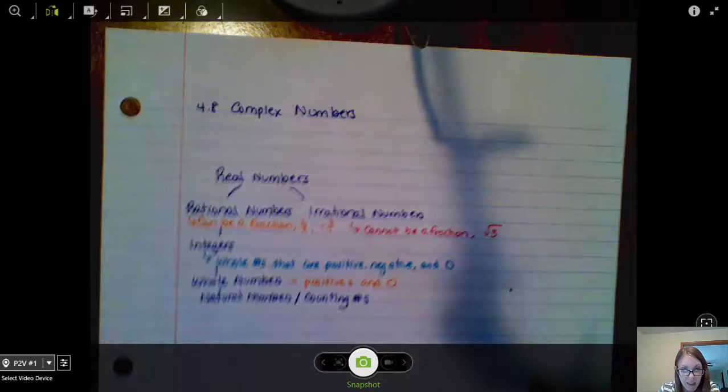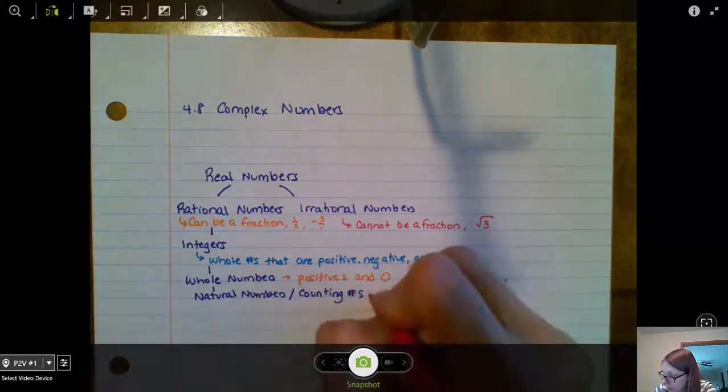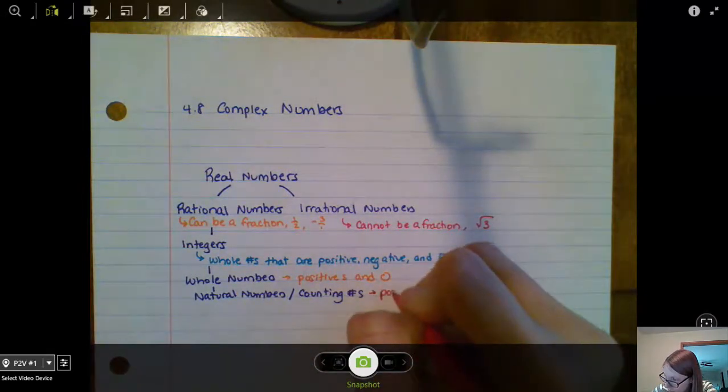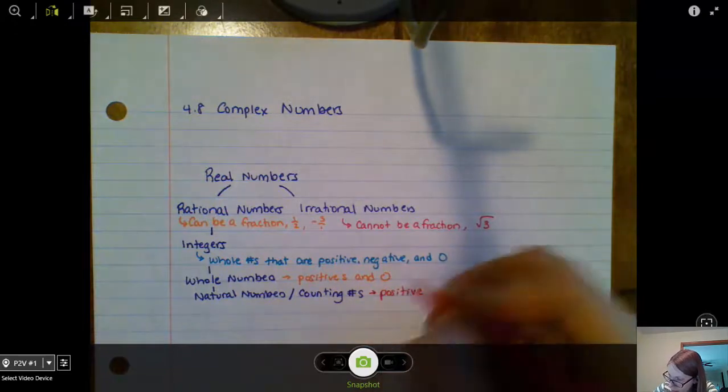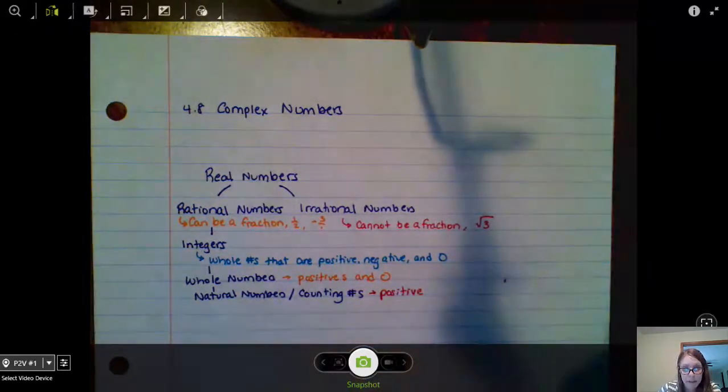I guess the easiest way to think of the counting numbers or the natural numbers is if you ask a little kid to count to 10, what number do they normally start at? They start with 1. 1, 2, 3, 4, 5, 6, 7, 8, 9, 10. So our natural numbers or counting numbers are just our positive whole numbers.